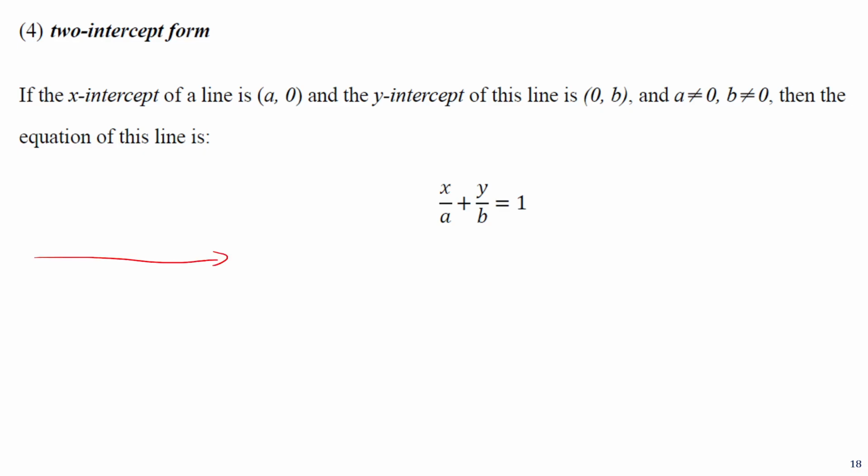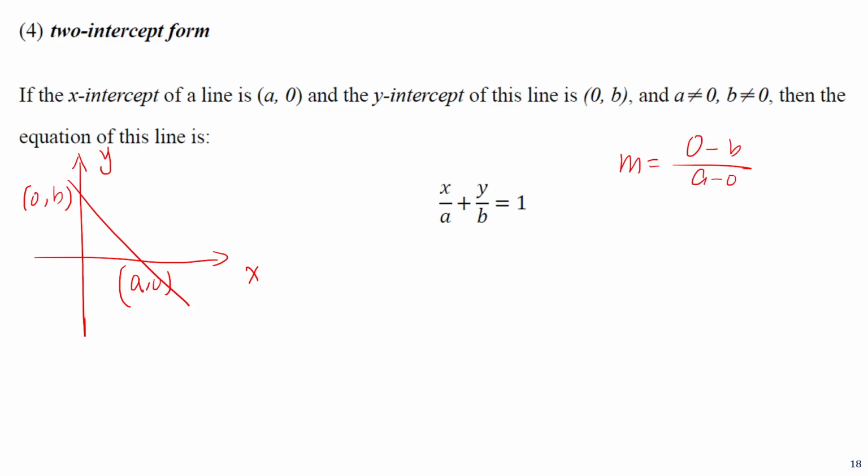So suppose we have a line and the x-intercept is (a, 0), the y-intercept is (0, b). So this point is (0, b), right? First of all, we can calculate its slope, which is delta y over delta x, which is 0 minus b over a minus 0, which gives us negative b over a.